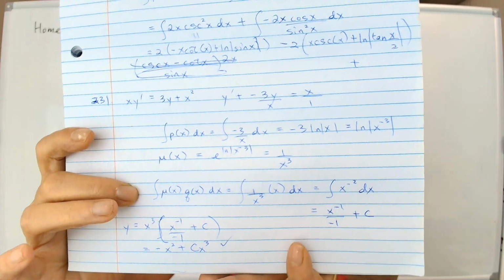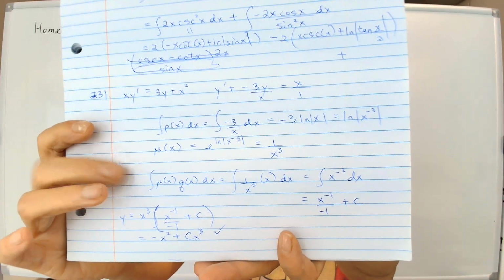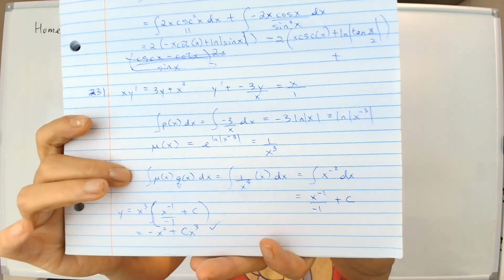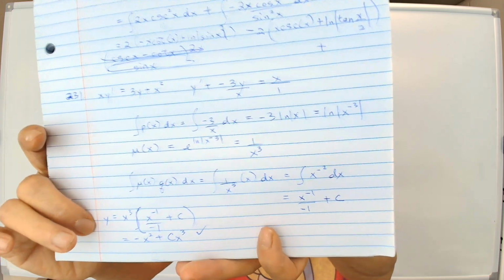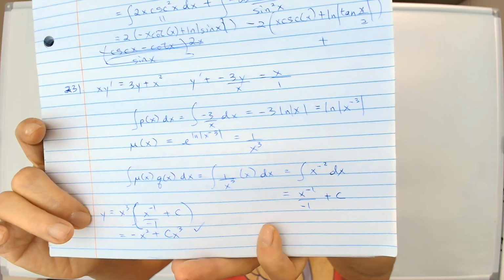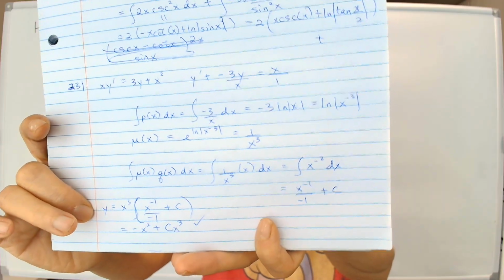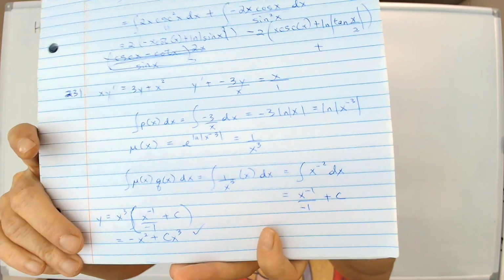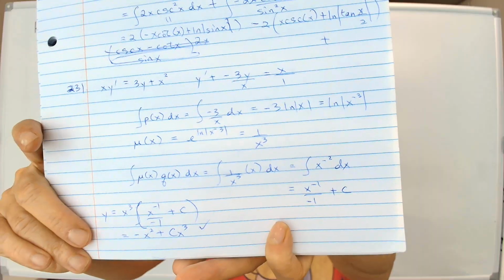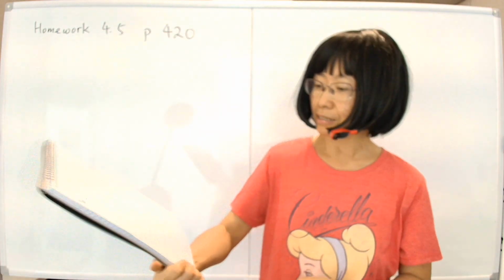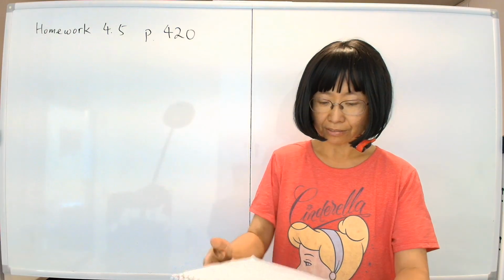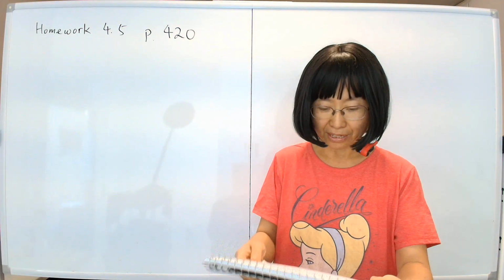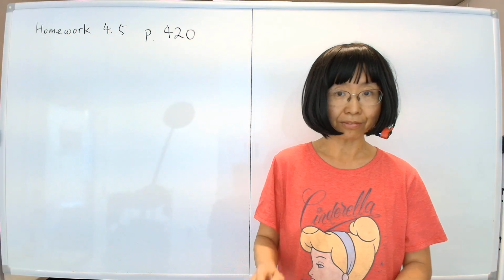Then we integrate mu of x q of x, which in this case also happened to be a fairly easy and quick integral. And then finally, we write down what y is. y is 1 over mu of x times the integral plus c. Don't forget the c. And if we get everything right, then the answer comes out. As you can see, this problem is again arranged such that things are not too difficult. I mean, that doesn't look too creepy. And so everything comes out nicely.